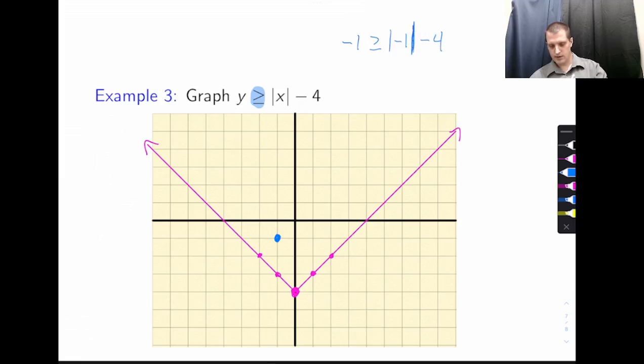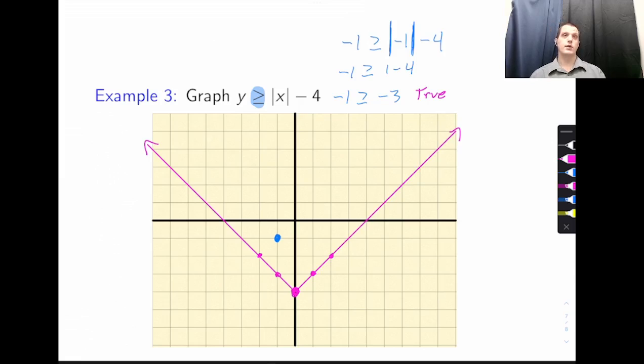Let's make those absolute values a little bit longer. So we get -1 greater than or equal to, the absolute value just makes it positive, 1 minus 4. Or -1 is greater than or equal to -3, and that is in fact true.